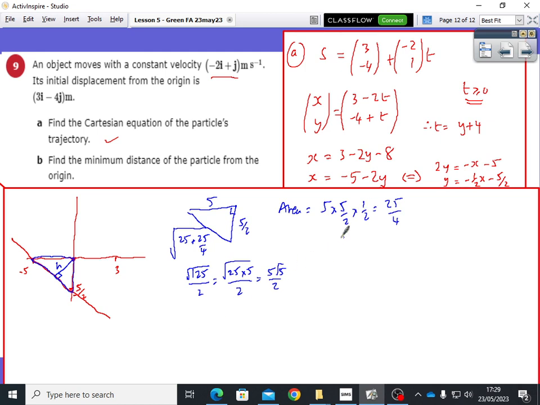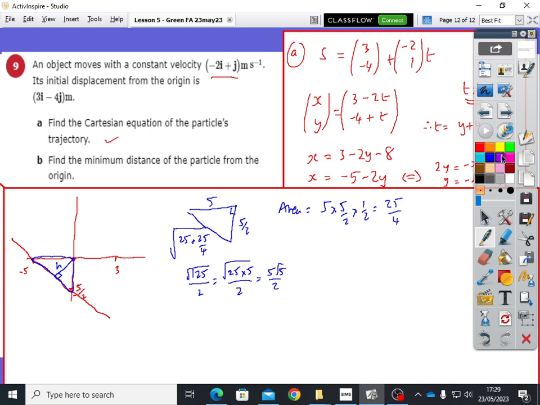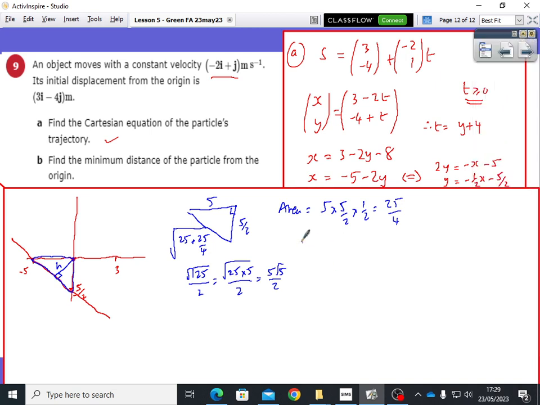So if I want to find what h is, I'll get h times this base, which is the hypotenuse, which is going to be 5 times root 5 over 2, and then times a half, because it's the area of a triangle. That's going to be the same as this area, 25 over 4. So times that by 4 will cancel those and cancel that, and divide that down.